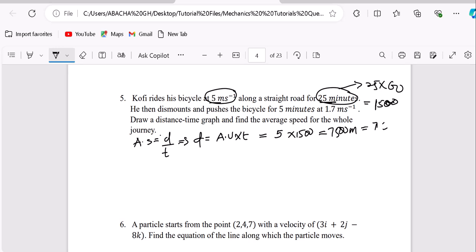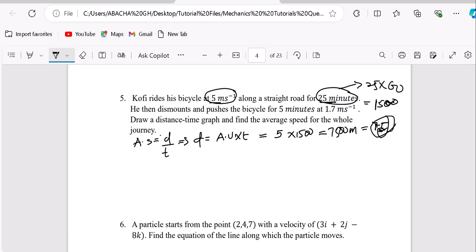So that's the distance for the first part.